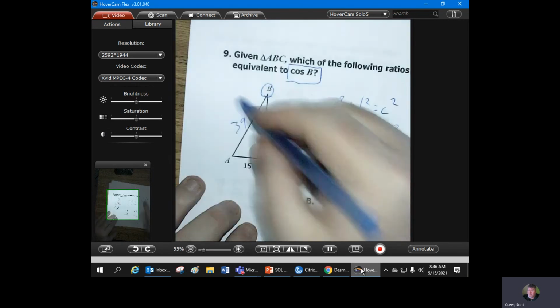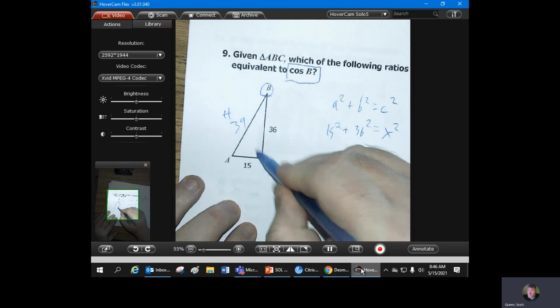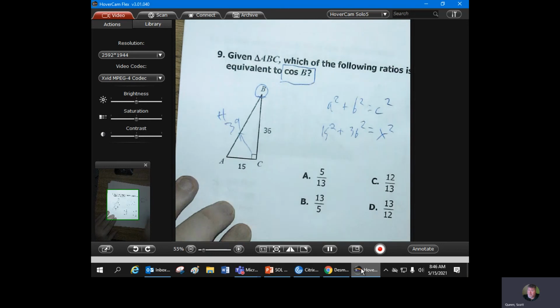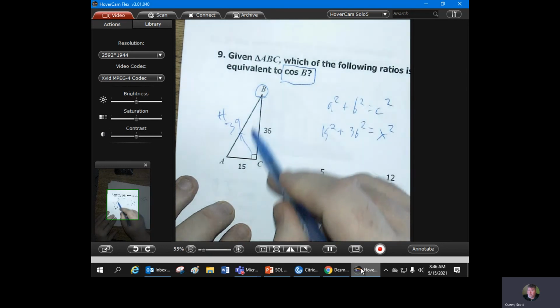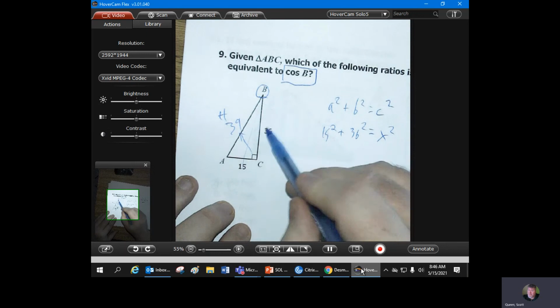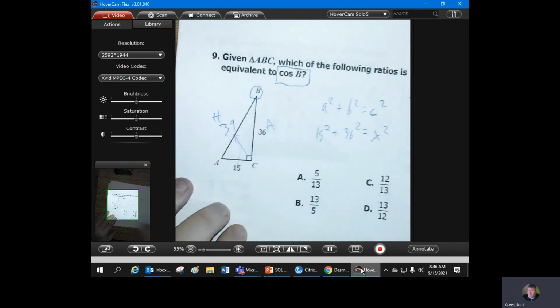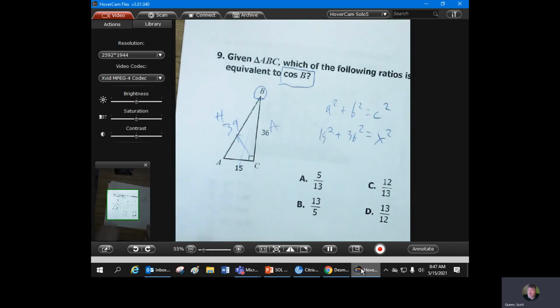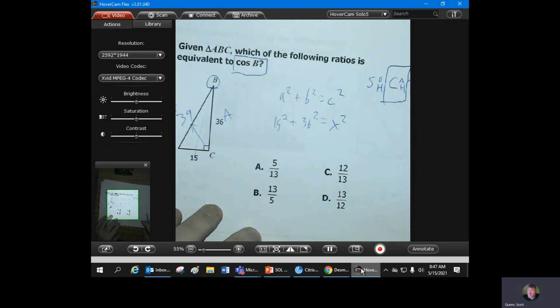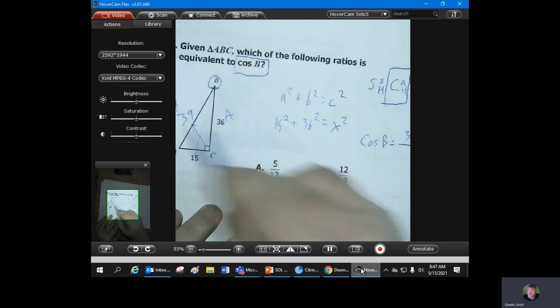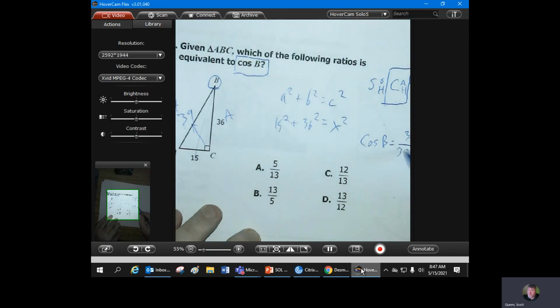So my hypotenuse is here, slide across from the right angle. And my adjacent is not the opposite, because that's opposite the angle next to it. That's my adjacent. So I got A over H, right? So if I'm going to write this correctly, cosine of B equals A, which is 36, over H, which is 39. Now, I don't see that down here, do I?